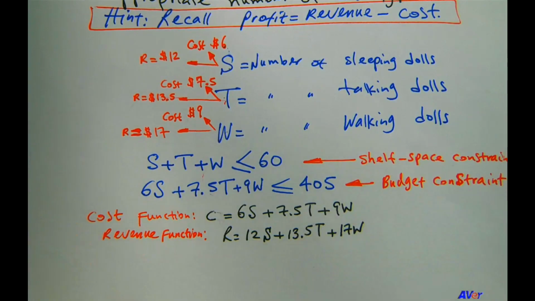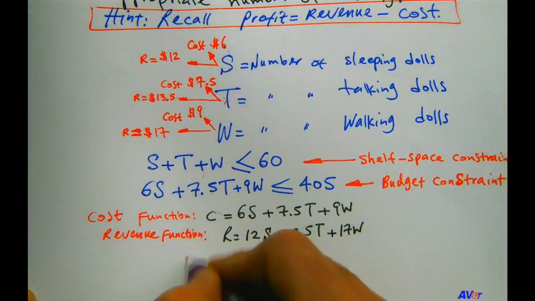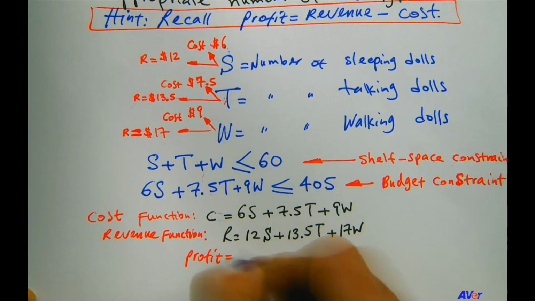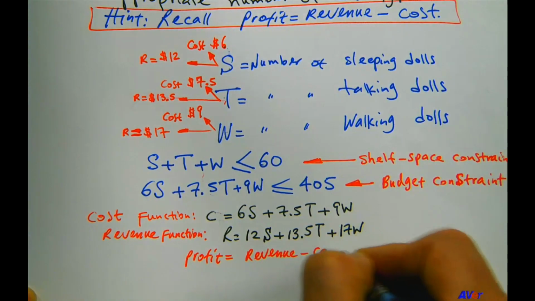So that hint up there is telling us that profit equals revenue minus cost, right?